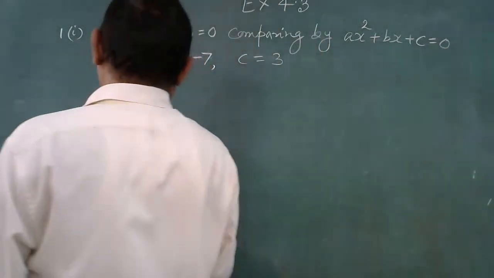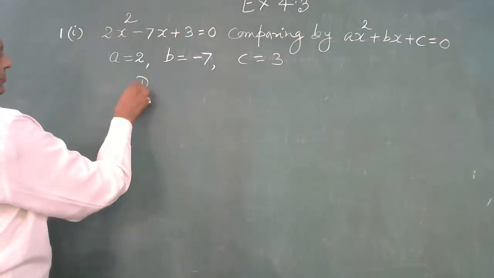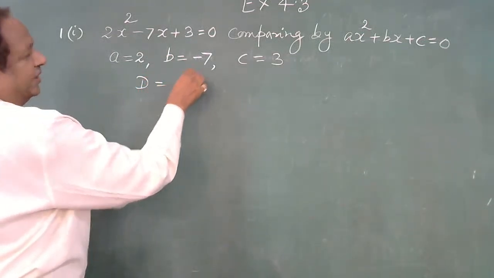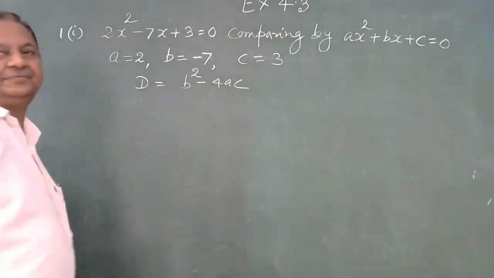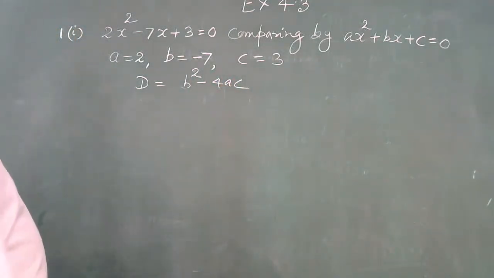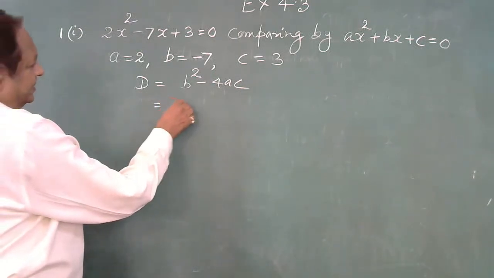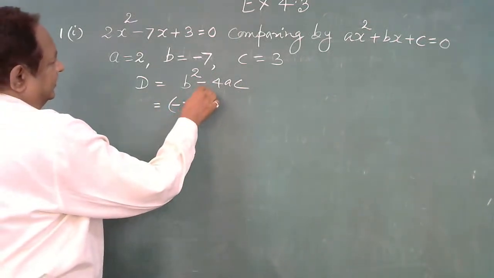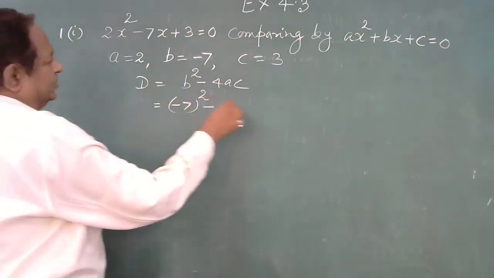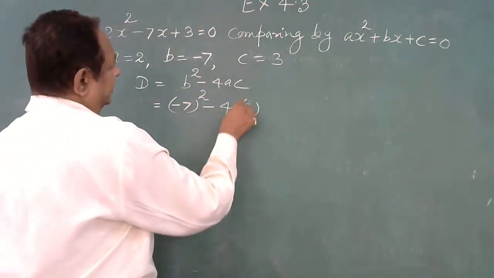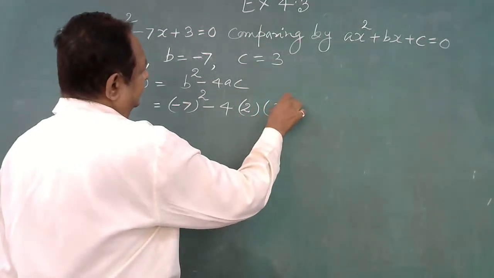Now remember, discriminant D is equal to b square minus 4ac. So b means minus 7 whole square, minus 4, a means 2, into c, 3.